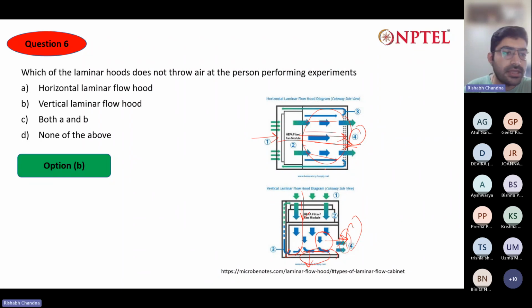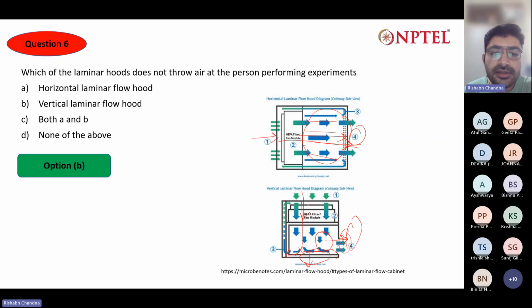Okay. So any doubts? So then can we say that vertical laminar flow is safer while working with infectious specimens? Yes.